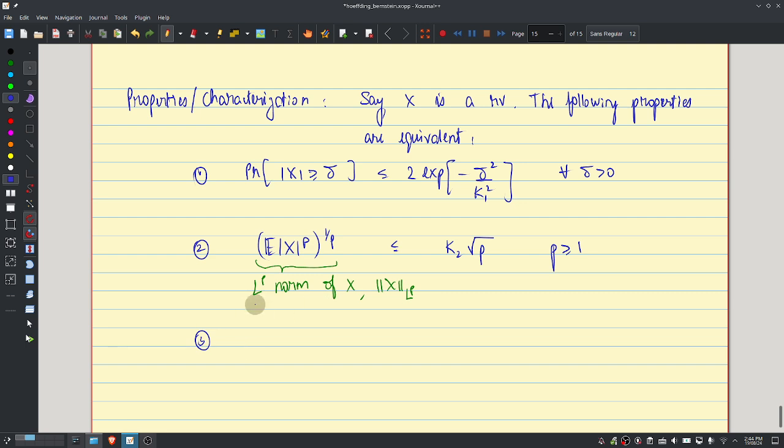What's the third property? Third property is something about the moment generating function of x square.